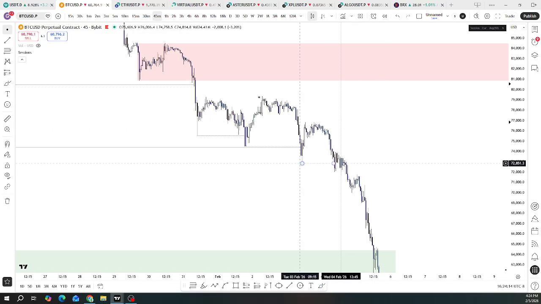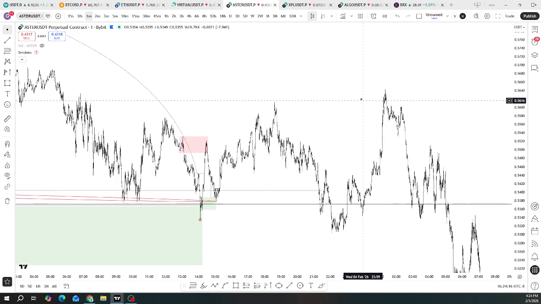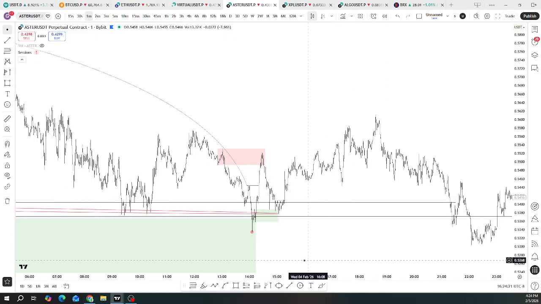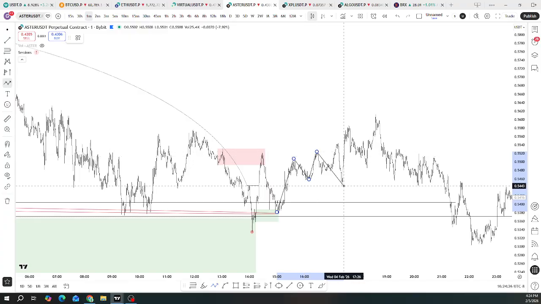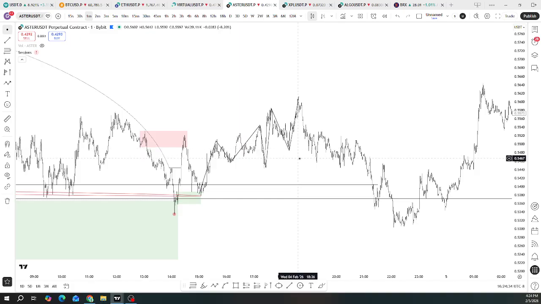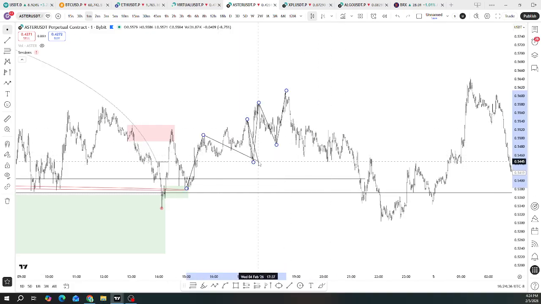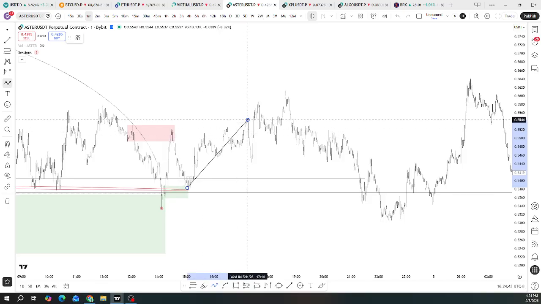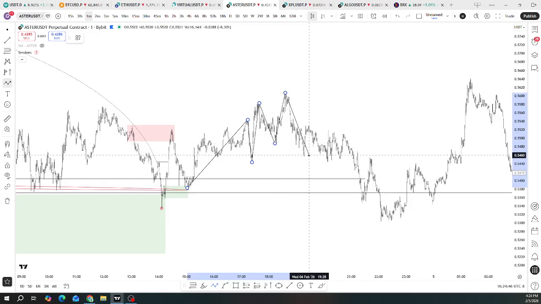But when you started to consolidate and then ASTER broke structure here, with that clean, clear, structured move up after confirming like this. This is drawn incorrectly. You get the point, though. Yeah, let's try that right. Boom, with the level 2.